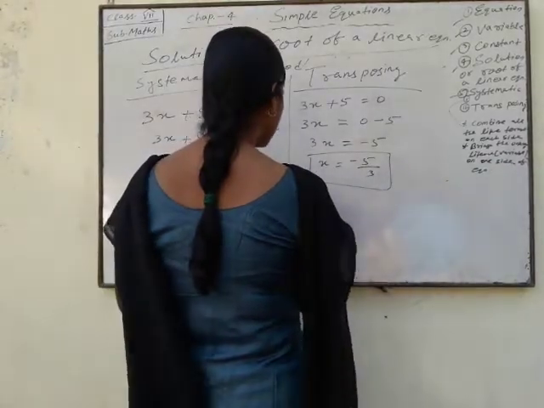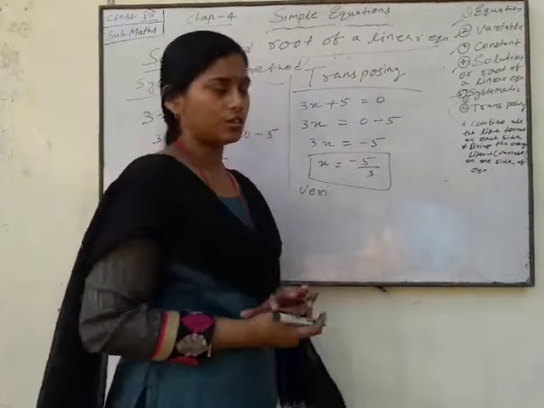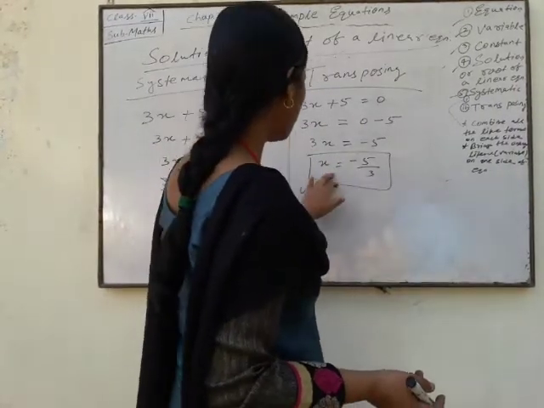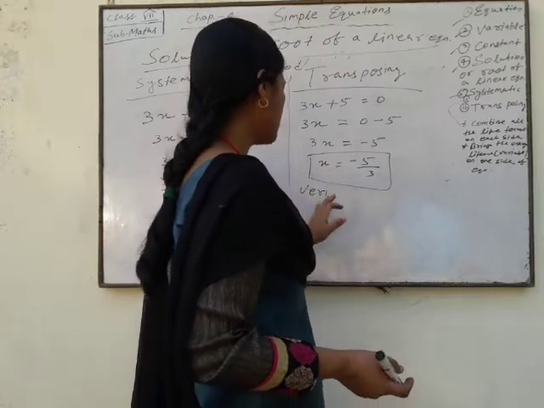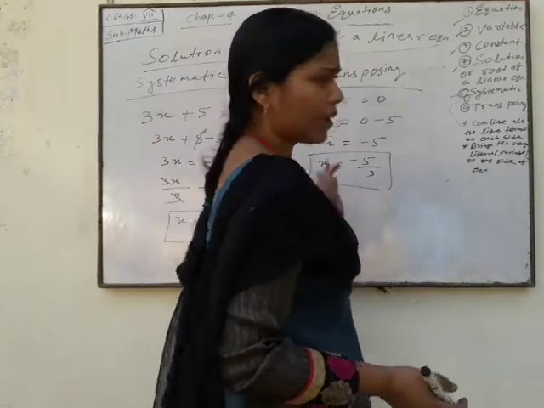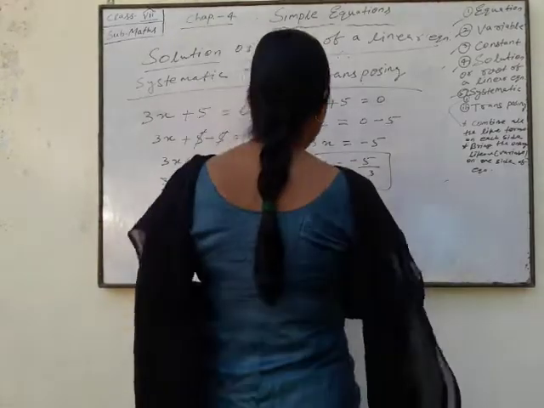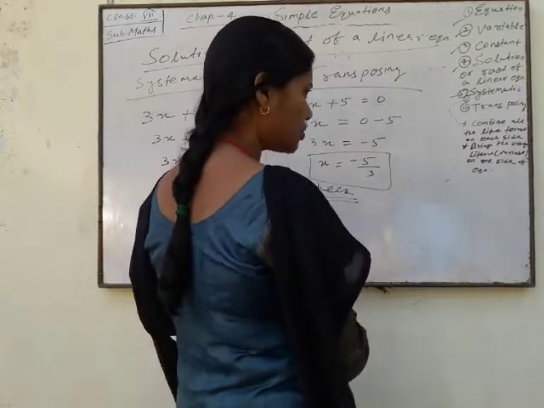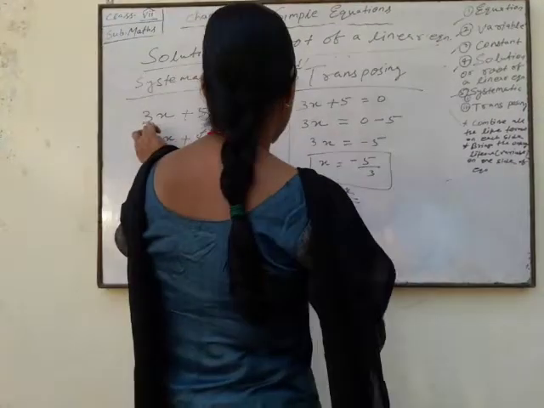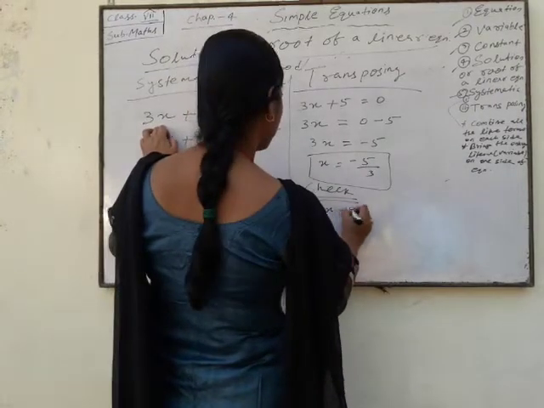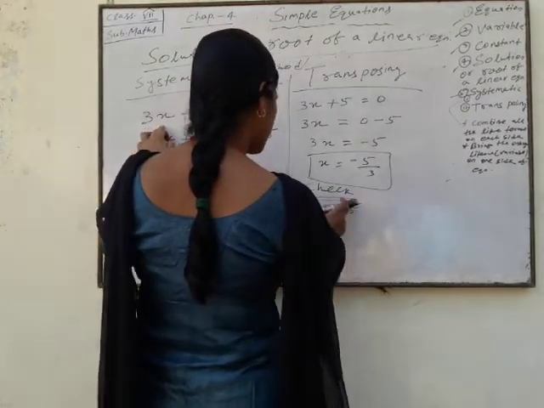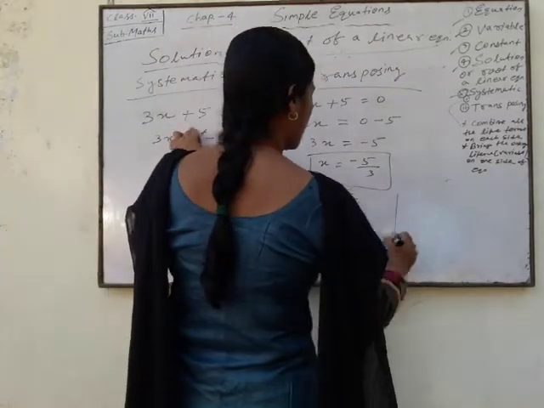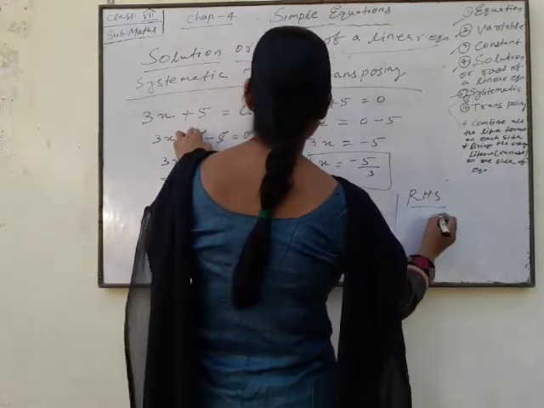Now last, if you have any confusion about your zero, root or solution, this is also called solution or root, then we can verify whether it is correct or not. Now 3x plus 5 is your LHS, and your RHS equals 0.